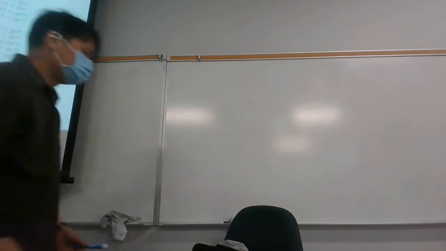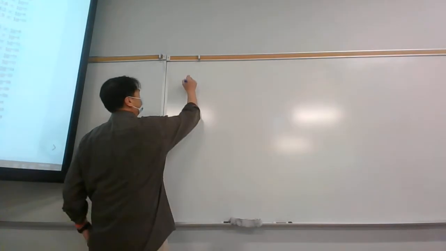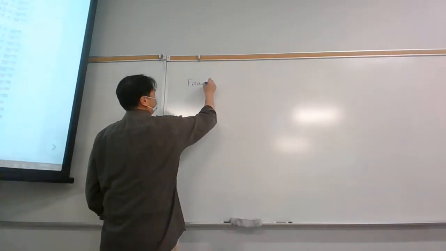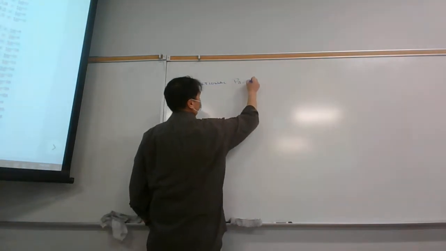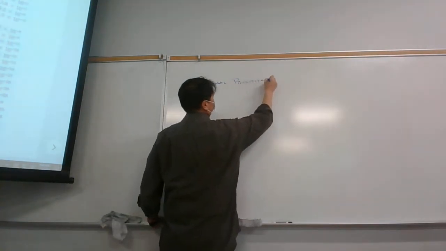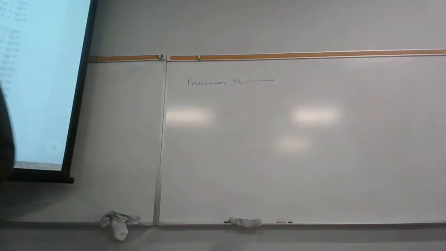This time we're going to do the next paper problem, called fractional precipitation. In fractional precipitation, you take advantage of differences in solubility to separate ions.